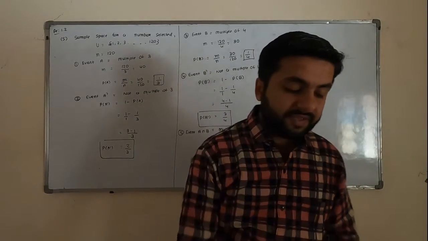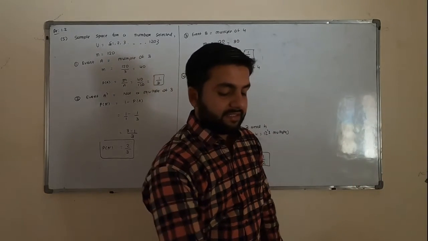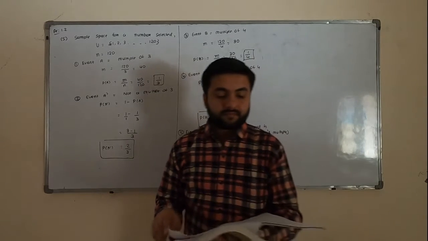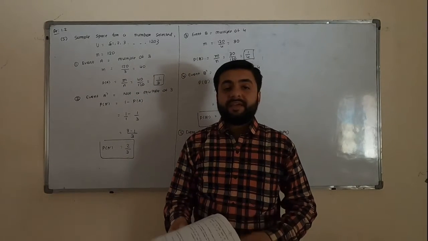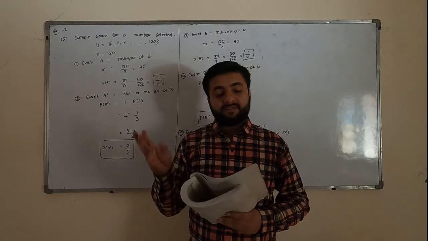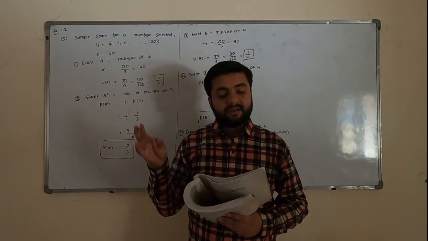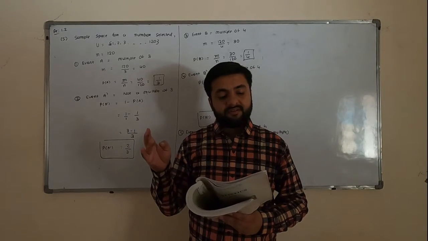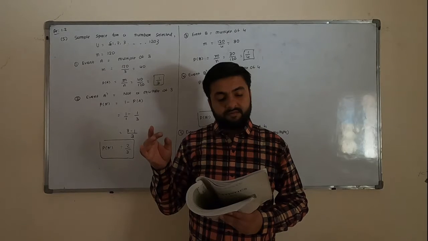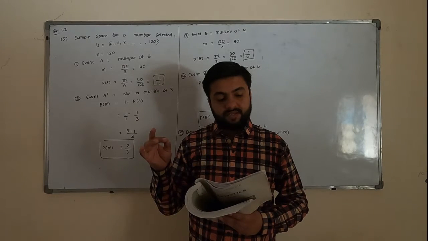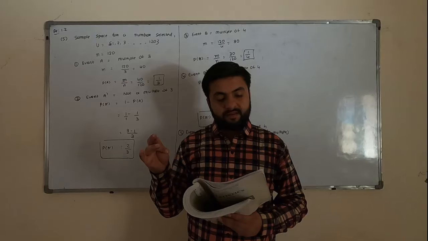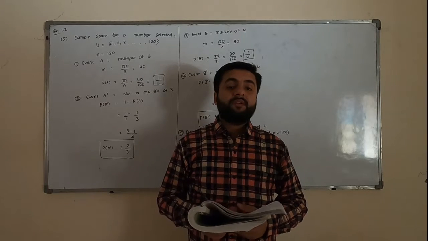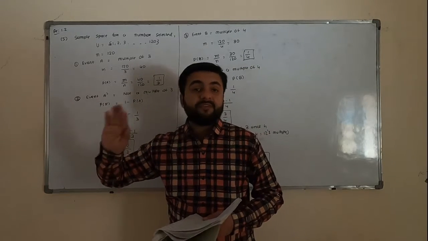Okay friends, now we are taking the next topic, that is sum number 6. One thing I would like to tell you: from sum number 6, 7, 8, 9, 10, 11, then 12, till 12, the sums are different.